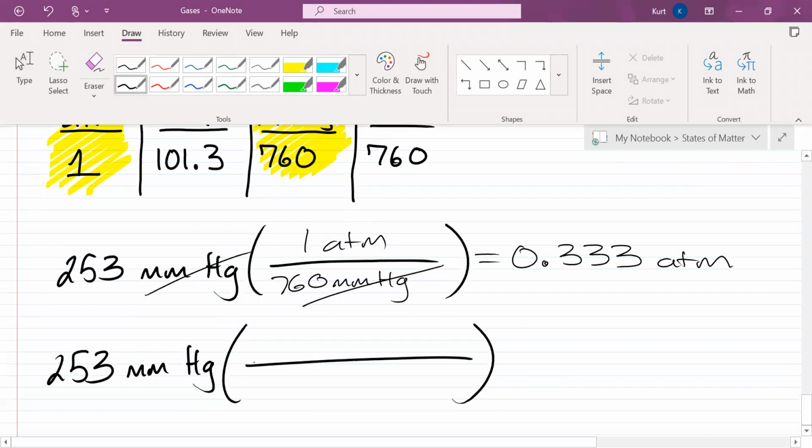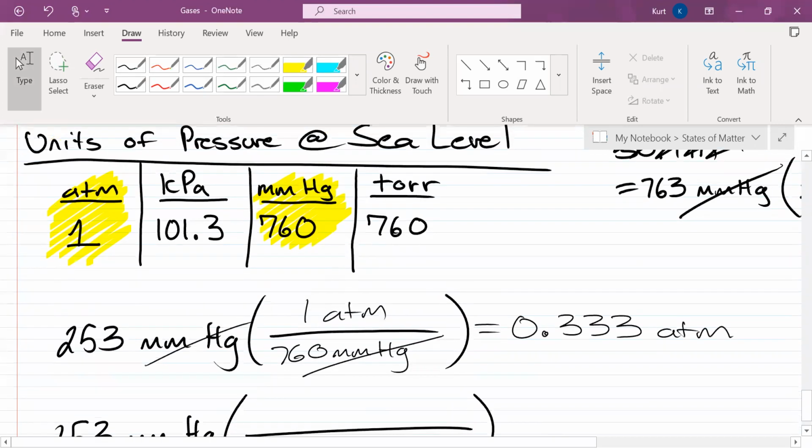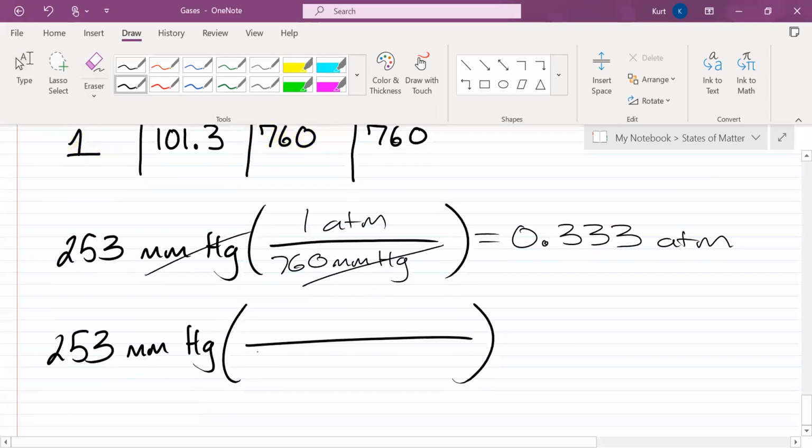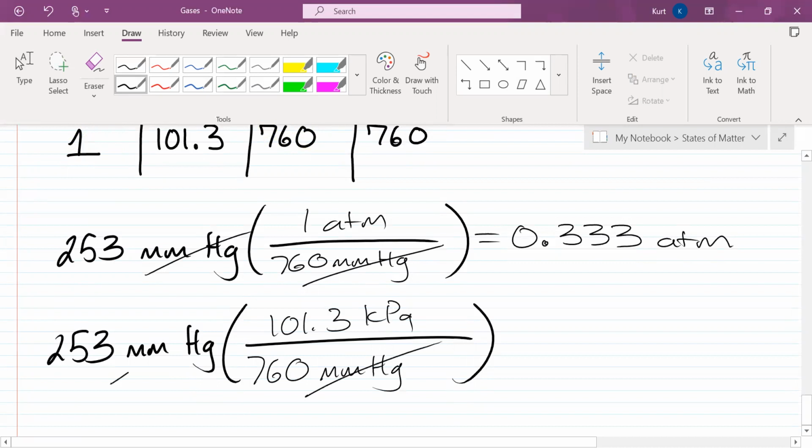Derek, let's convert millimeters of mercury to kilopascals. What is the conversion for that? I did 101.3 to 760. Good. Where did you put the 760? On the bottom. Good. And what goes on top? 101.3. Very good. Millimeters of mercury cancel out.